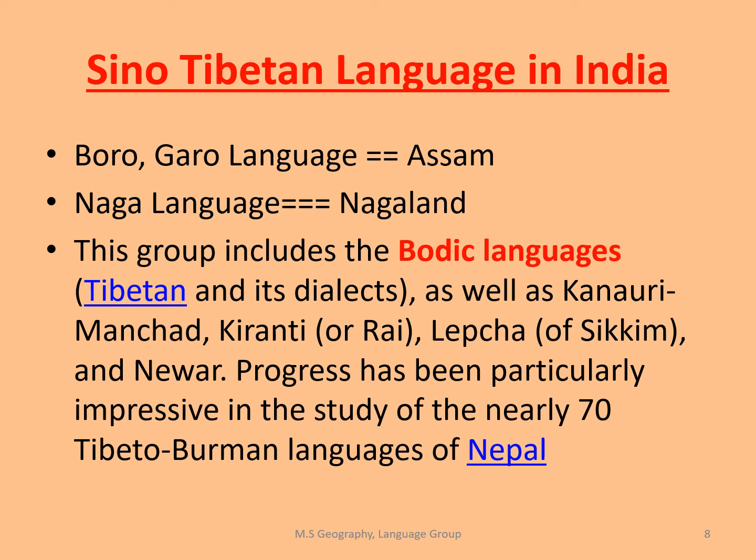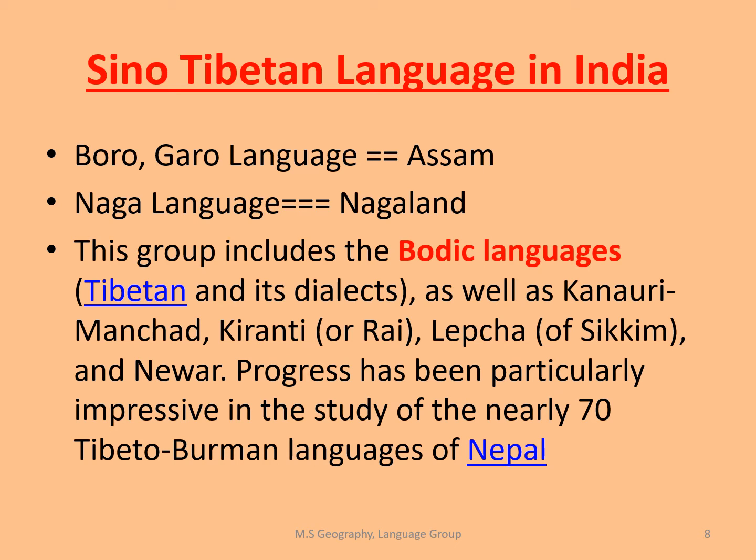See, in most cases, the western part of India is affected by the impact of the Indo-Aryan, rather Indo-European language group, and all the languages are descended from Sanskrit. But the eastern part of India is mostly influenced by the Sino-Tibetan language group. The Garo and Boro languages of Assam are directly descended from the Sino-Tibetan language group.